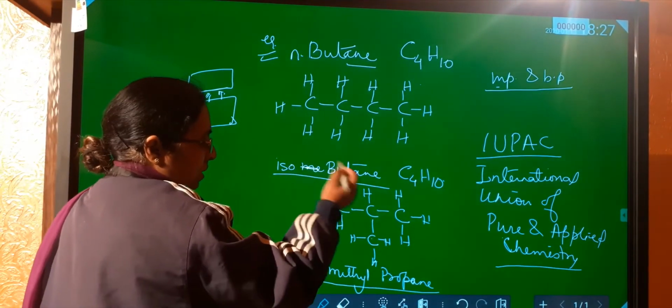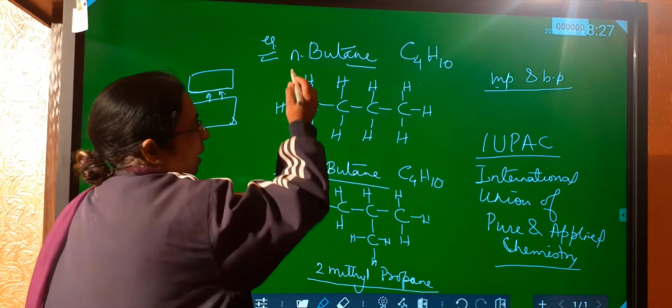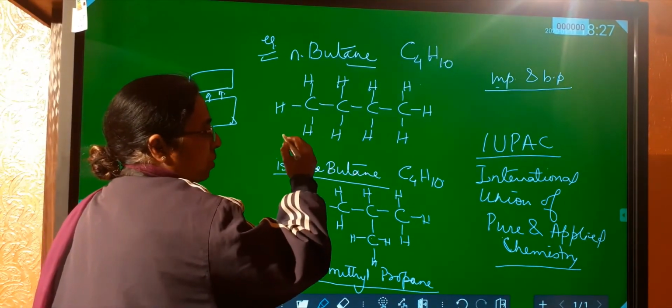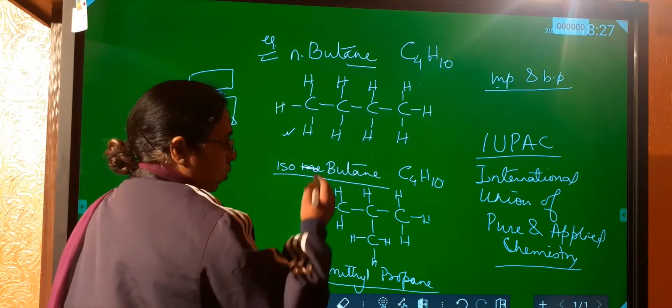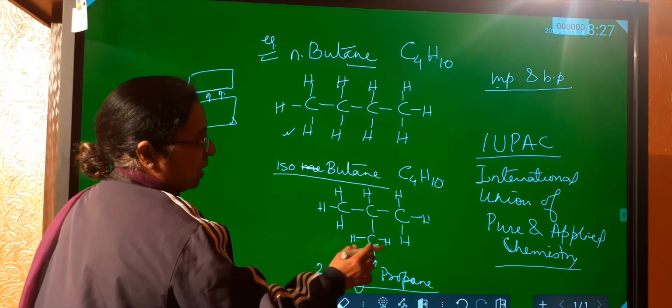Alright, and as you can see कि यहाँ पर surface area ज्यादा है. In the N-butane straight chain compound, the surface area is more. In the branched chain compound, the surface area is less.